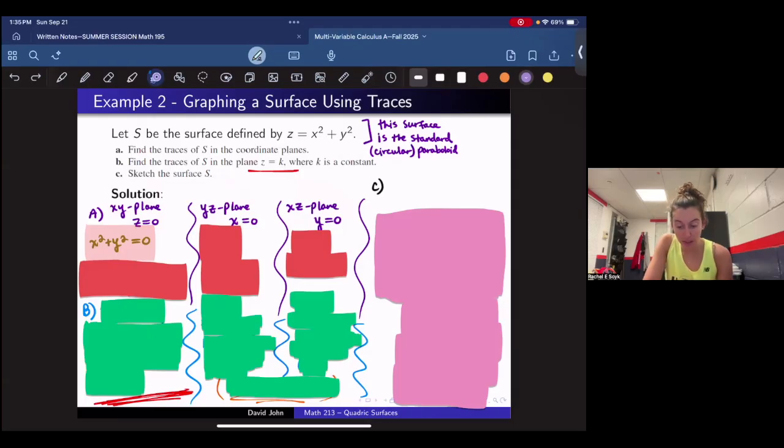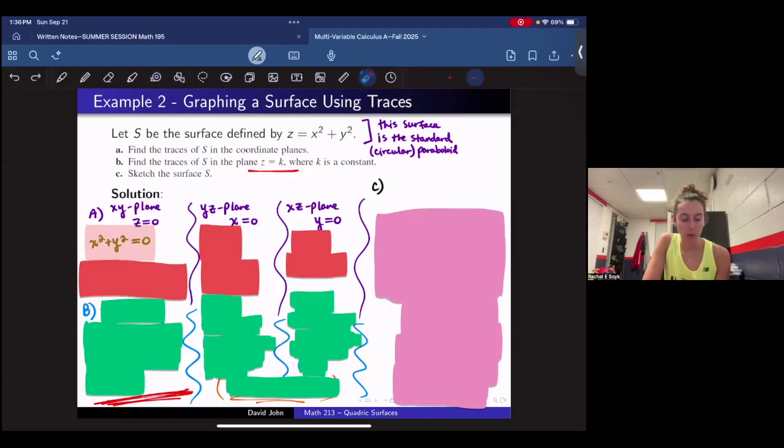From here, we have only 1 point, 1 intercept, because if we set y equal to 0, then we get x squared equals 0, and the square root of 0 is just 0, and then vice versa.